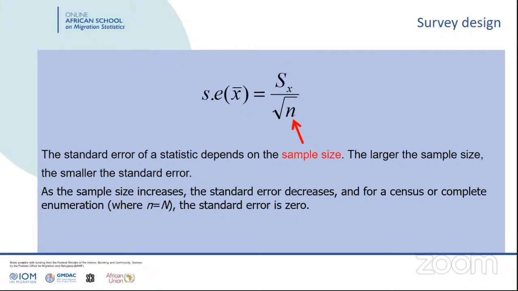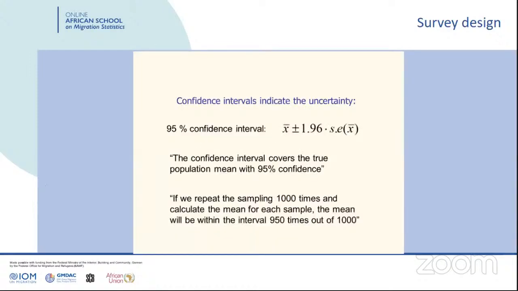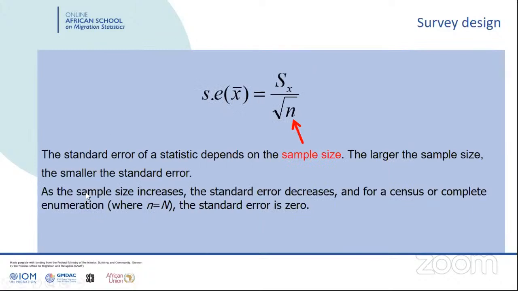So you can also write the standard error in this way. Sx is the standard deviation of x. This is a constant. This is the variation among the households in the population in terms of household income, for example. And this is the sample size.